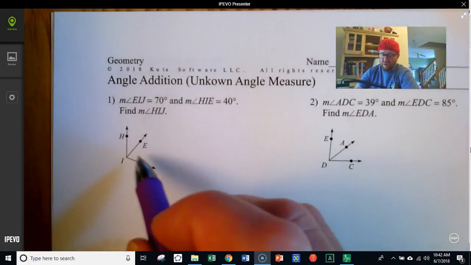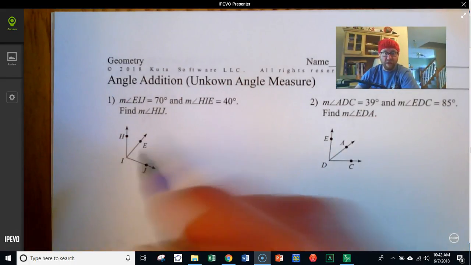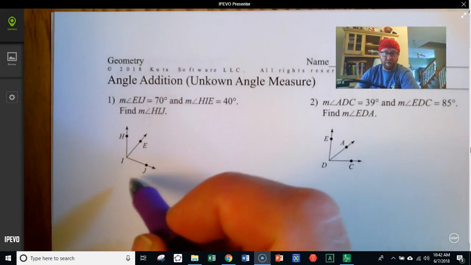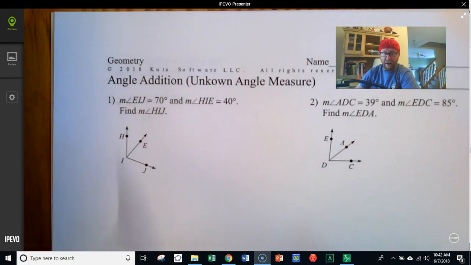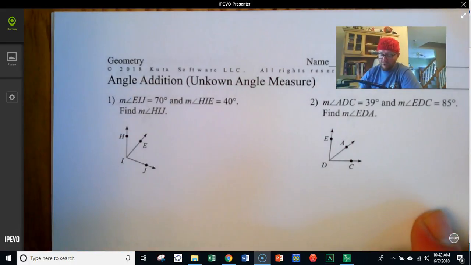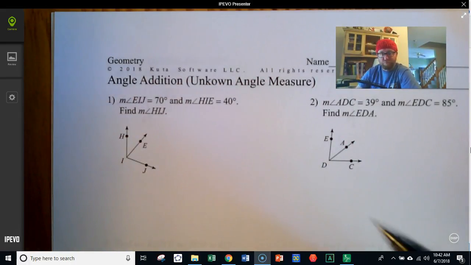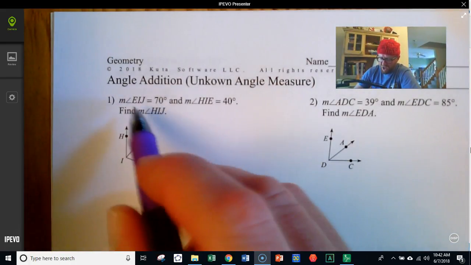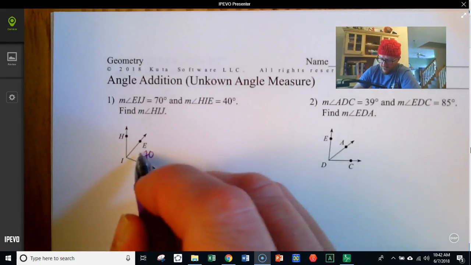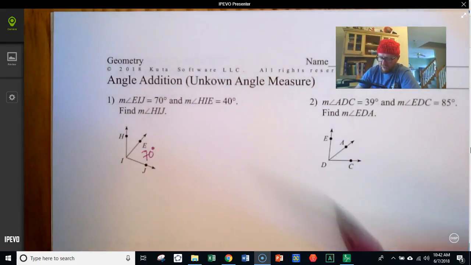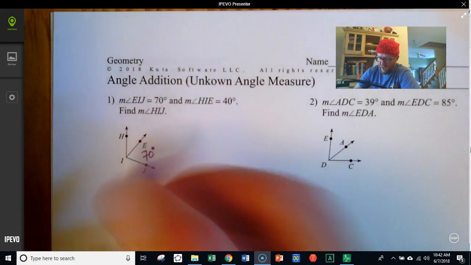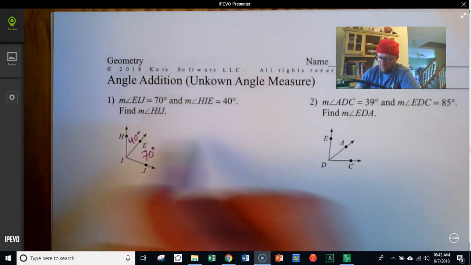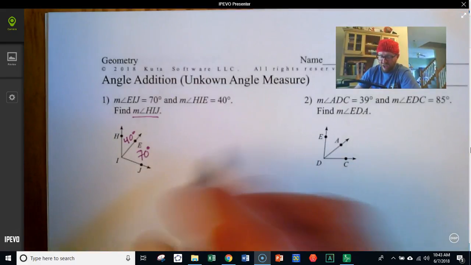And so their measures, whatever they are, add up to the measure of the large angle you get by putting them together, JIH. Okay? So we're going to use that fact to figure out an angle measure. All right, so let's take a look here. We know that EIJ is 70 degrees, tells us up here, and HIE is 40 degrees, and we're supposed to find HIJ.